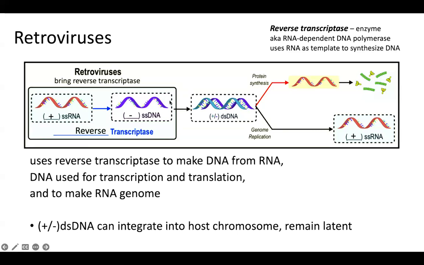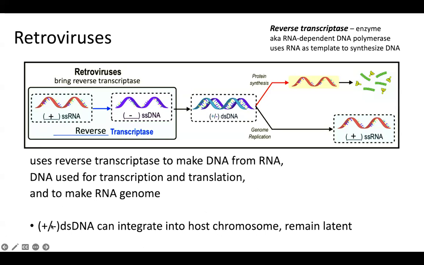After it builds that, it will use the regular host DNA polymerase to make the second strand. Now you have double-stranded DNA. And from there, it will go through protein synthesis and genome replication, similar to the double-stranded DNA viruses or what happens within the cell typically.